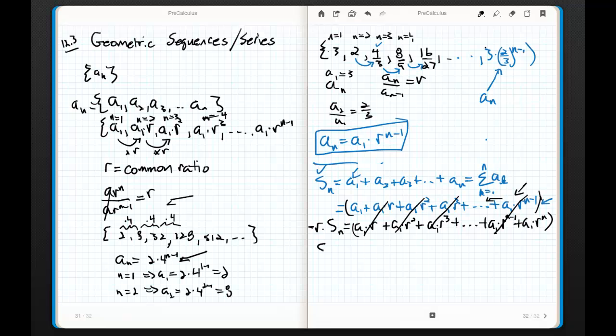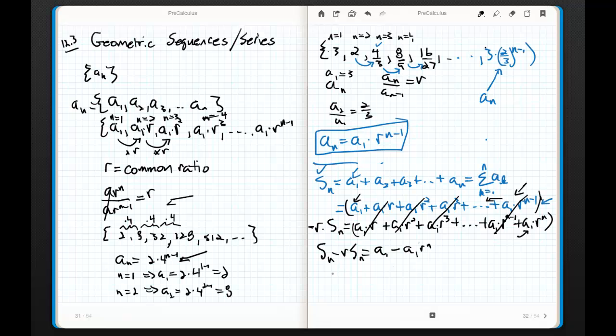So what I end up with is S sub n minus r S sub n is equal to a1 minus a1 r to the n, right? Nothing to it, because all the middle terms cancel out. No matter how far out you go, this is always going to be true.